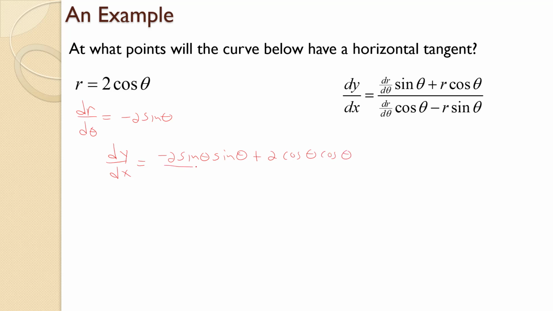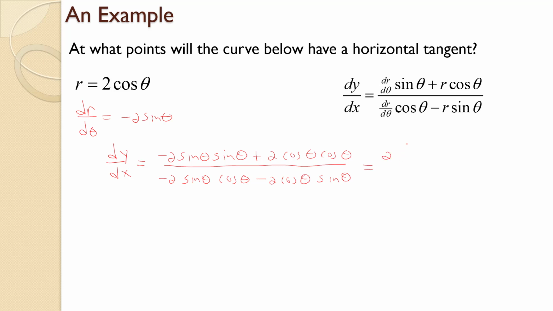And that's all divided by the derivative, -2 sine of theta, multiplied by the cosine of theta. And then to that I subtract r, which was 2 times the cosine of theta, multiplied by the sine of theta.